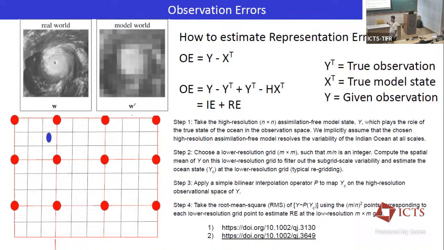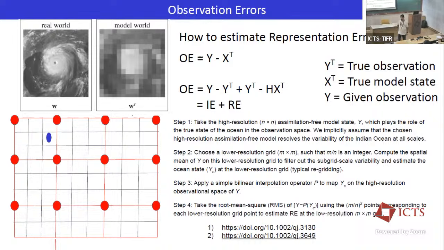This is the observation error. This observation error I have decomposed into two parts. One is the instrumentation error, which is y minus yt. And this one is the representation error, which arises because of the inability to resolve all the scales.